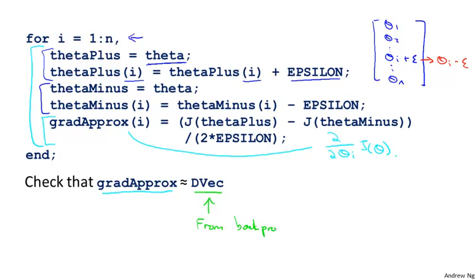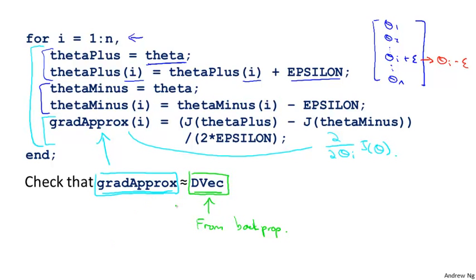So backpropagation was a relatively efficient way to compute the derivatives or the partial derivatives of our cost function with respect to all of our parameters. And what I usually do is then take my numerically computed derivative, that is this gradApprox that we just had from up here, and make sure that it is equal, or approximately equal up to small values of numerical round off, that is pretty close to the DVec that I got from backprop.